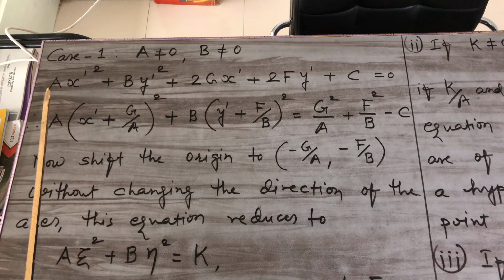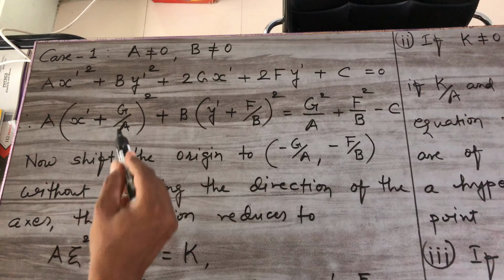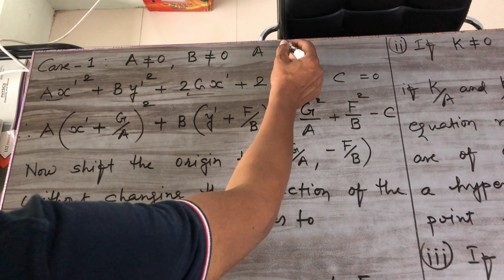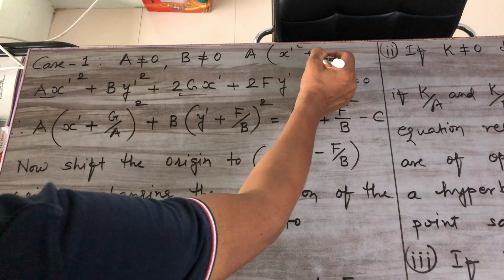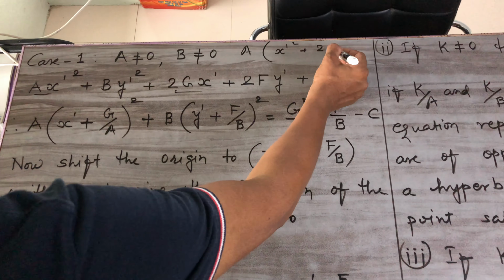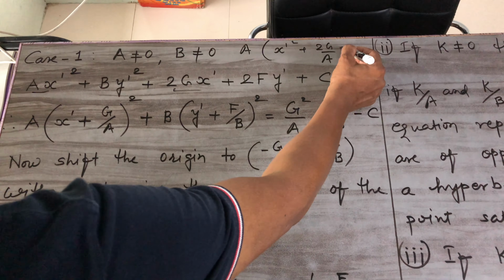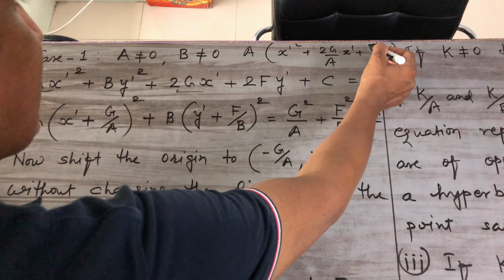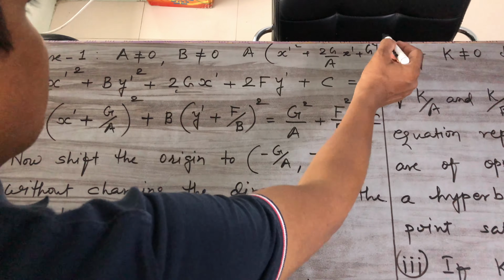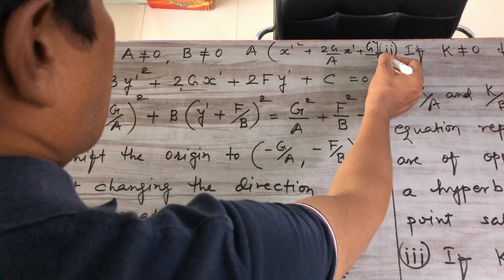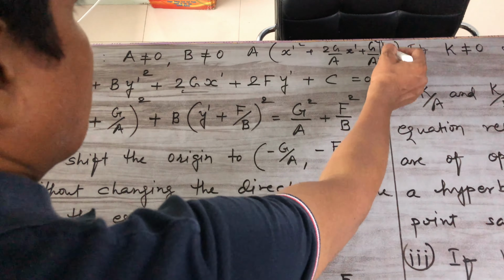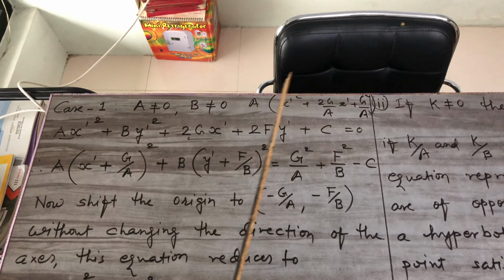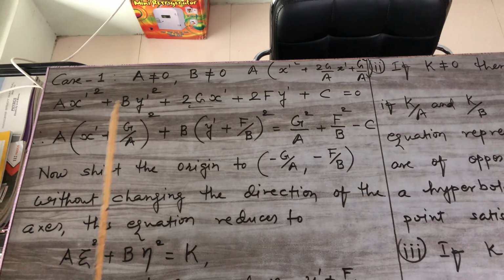Making a perfect square, ax'², simply this term and this term, taking a common: x'² + 2g/a x', but we are adding a perfect square term, g²/a². So this is an extra term, a into g²/a², that is g²/a. So we have added it to both the sides.